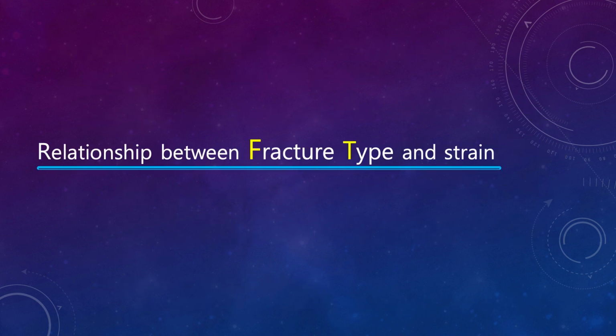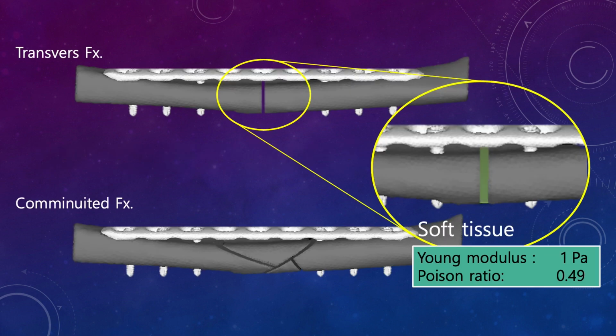Finally, we discuss the relationship between the fracture type and strain. We have created models for both a transverse fracture and a comminuted fracture, each with a gap width of 1 mm. Similar to before, we have inserted soft tissue equivalent to granulation tissue.